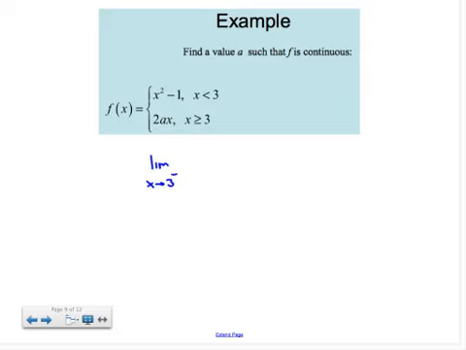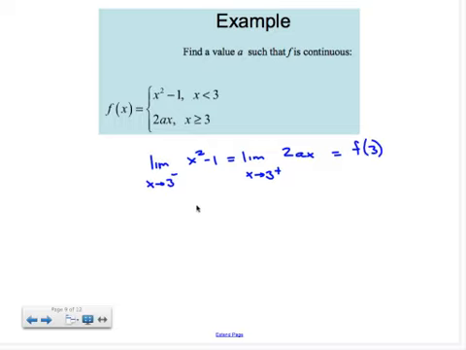In this case, f of x is x squared minus 1 because x is less than 3 when you're doing a left-hand limit. That needs to be equal to the limit as x goes to 3 from the right. In this case, we'll use 2ax. And that will need to be equal to f of 3.